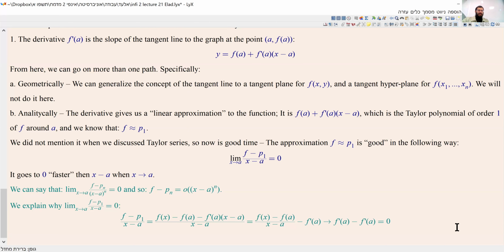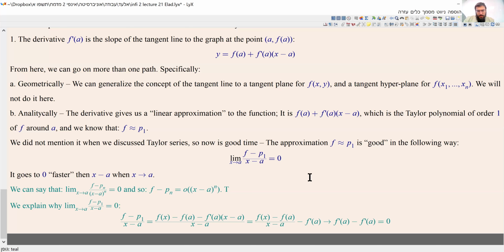We need to talk about the technical parts. How do we solve the exercises? So as I mentioned, this is Peano's approach to the remainder in the Taylor series.